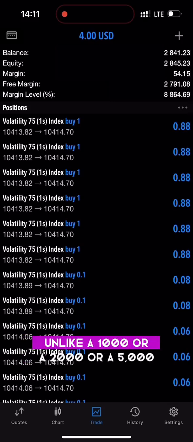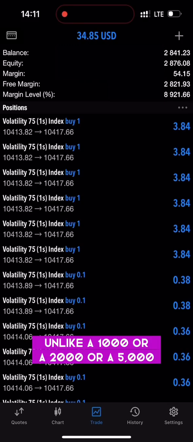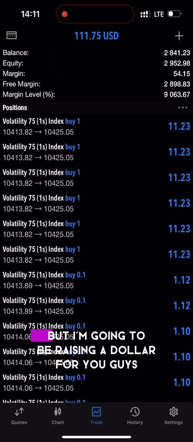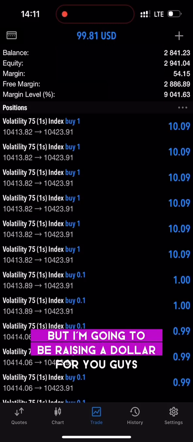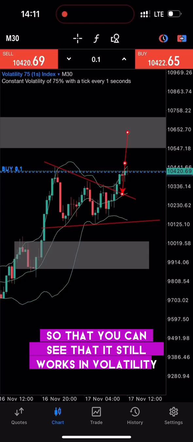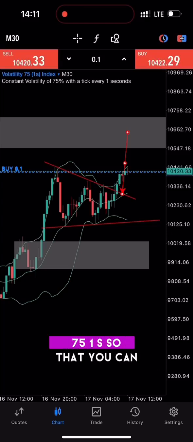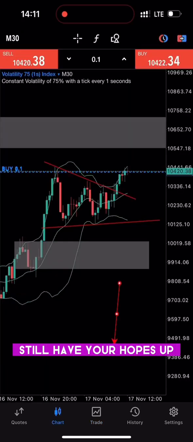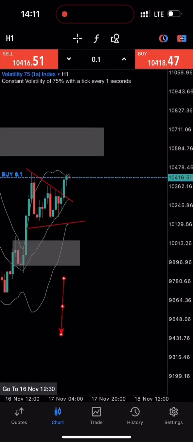Unlike a 1,000 or a 2,000 or a 5,000, it's very fast to raise those kinds of accounts. But I'm going to be raising $1 for you guys so that you can see that it still works in Volatility 75 (1s), so that you can still have your hopes up that you can use those kinds of accounts.